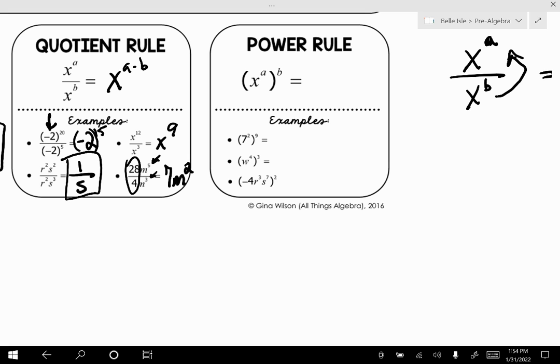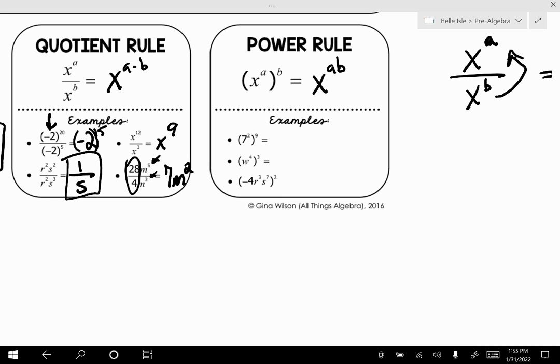It's a fair assessment. What else? What do we think this is going to look like right here? X to the what? X to the what? X to the A times B.